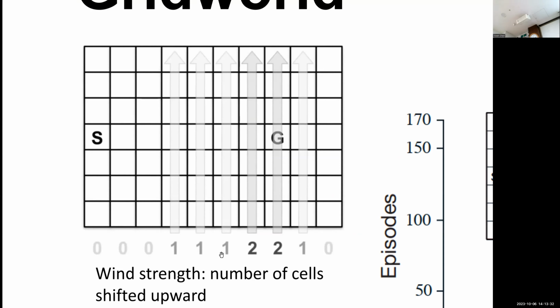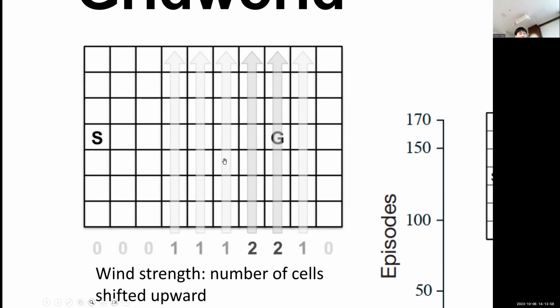The meaning of the numbers 0, 1, 2 is that once you reach some particular state, if you move one step, for example to the right, because the wind strength of the current state is 1, actually I'm going to move upward one step to here.